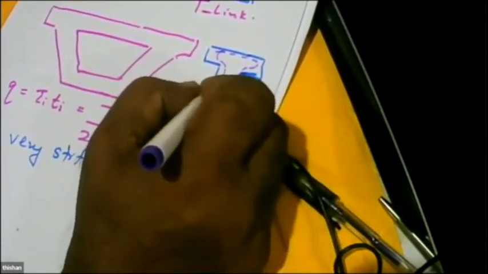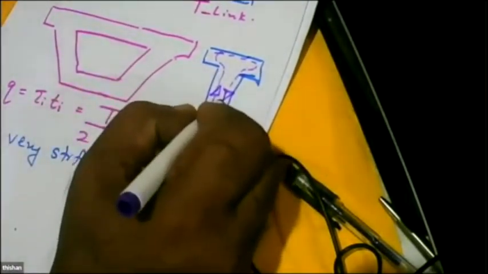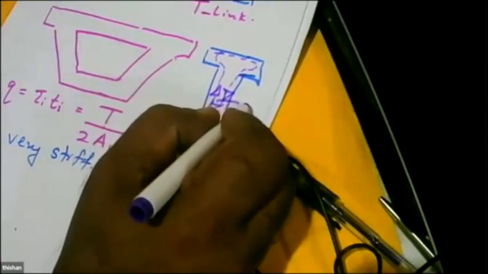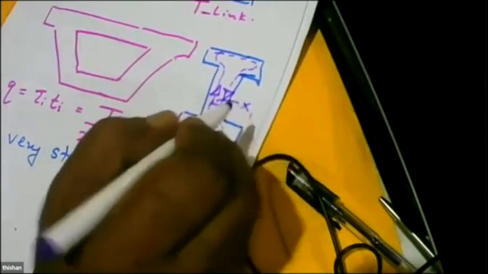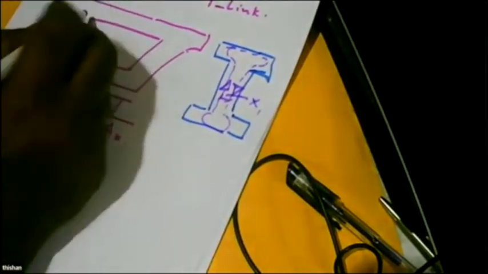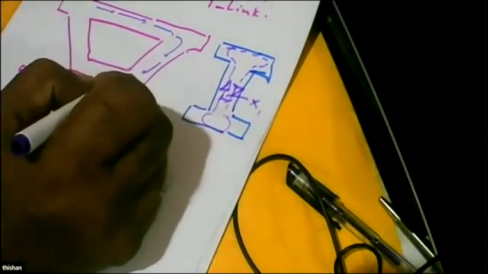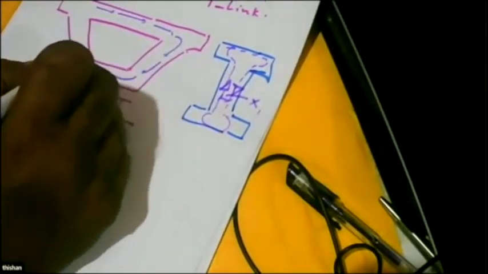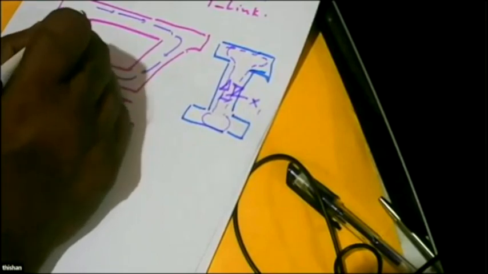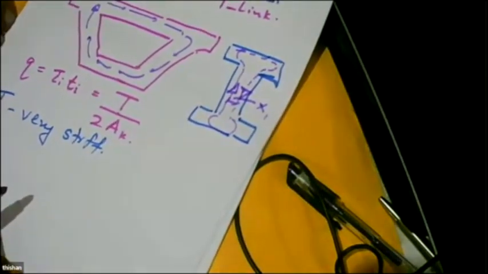This goes this way, this goes this way. But what is the lever arm? Very small. Now here, how the torsional shear occurs. Like that.